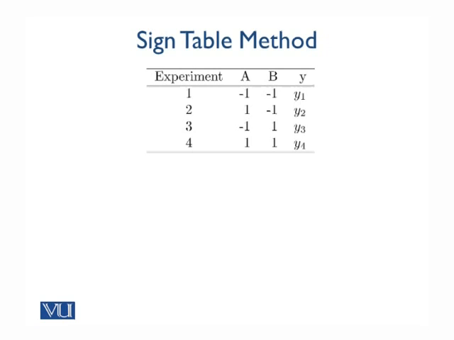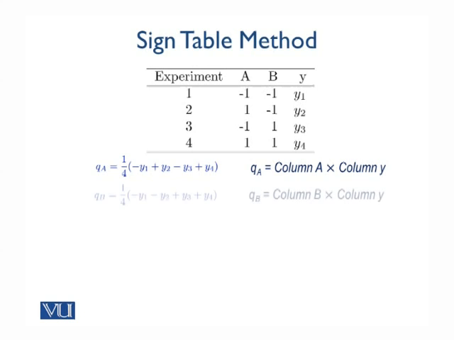One thing you can observe is that QA is simply column A multiplied by column Y. So it would be minus y1 plus y2 minus y3 plus y4, and then we take an average of that; we divide it by 4. Similarly, QB is column B multiplied by column Y. That gives us the coefficients of different y1, y2, y3 and y4.